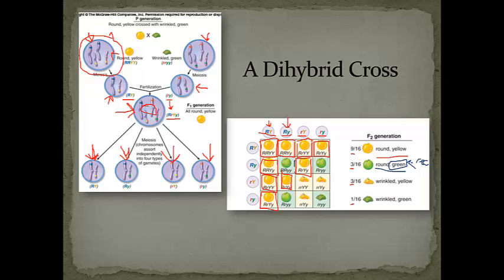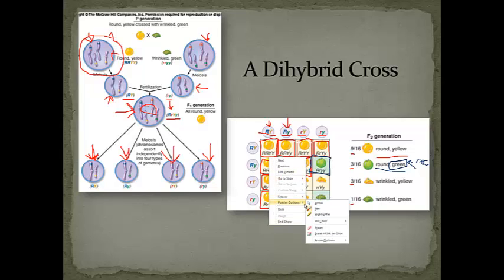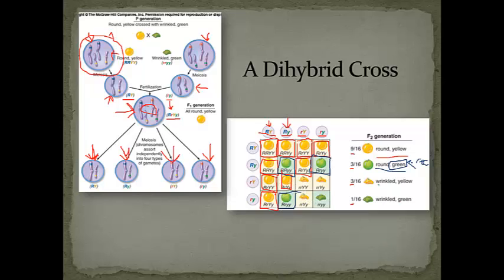But we've got the one that's homozygous dominant for seed shape, and two that are heterozygous for seed shape. Okay, another color change, bear with me. How about green? Green's nice. Okay, we got three. They're going to be wrinkled and yellow.